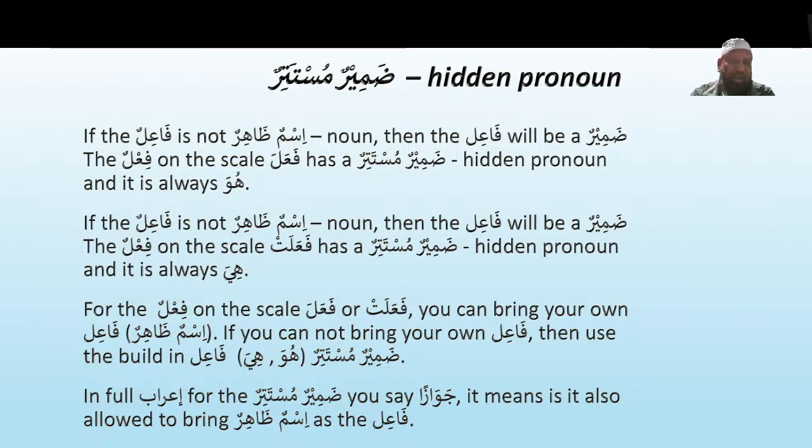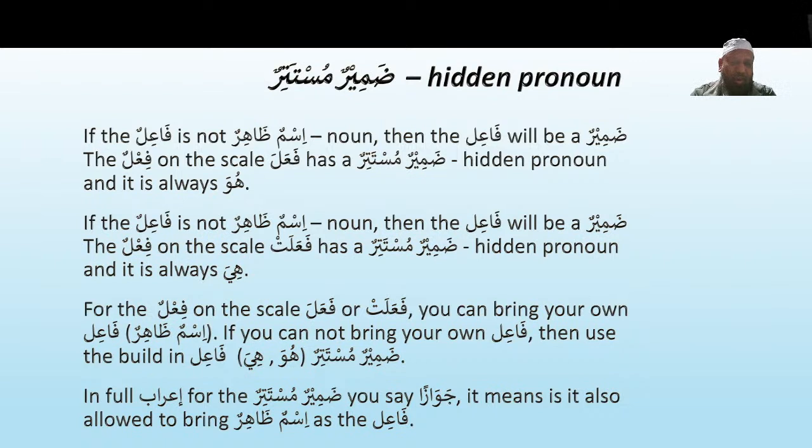If the fa'il is not ism zahir, then the fa'il will be a damir. The fa'il on the scale of fa'alat has a damirun mustatirun, and it is always hiya. Okay.